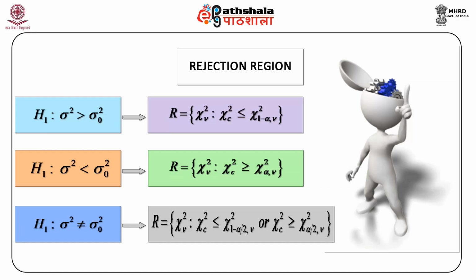If H1 is sigma squared less than sigma squared naught, then the rejection region consists of all chi-square values such that the calculated value is greater than or equal to chi-squared alpha, nu. For the two-tailed test, the rejection region is given by the lower area chi-squared C less than or equal to chi-squared 1 minus alpha by 2, nu, and in the upper area chi squared C greater than or equal to chi squared alpha by 2, nu.